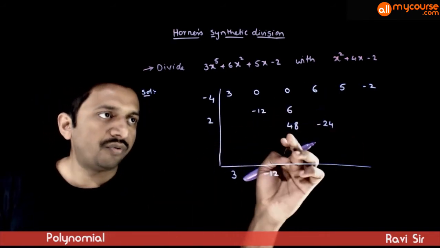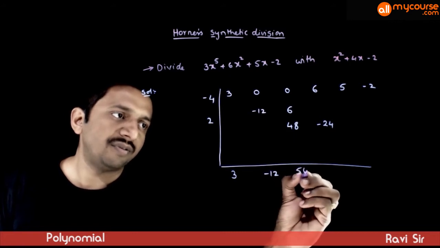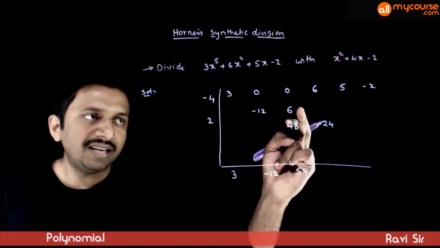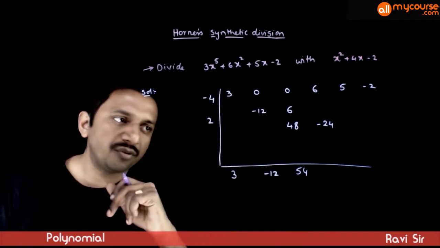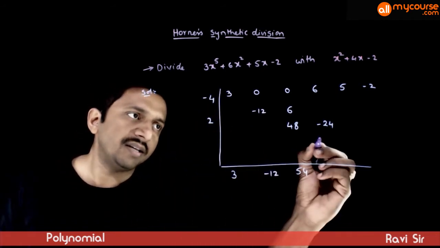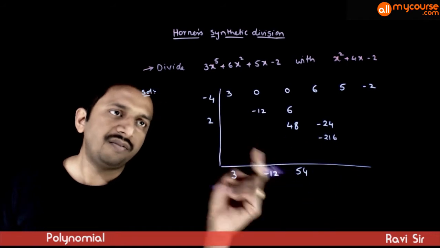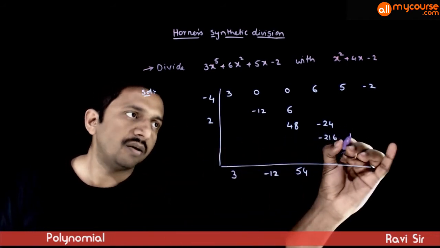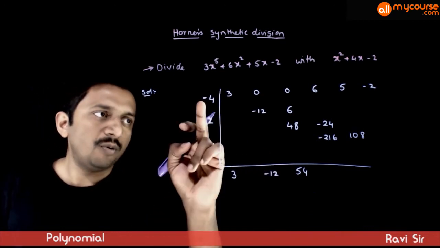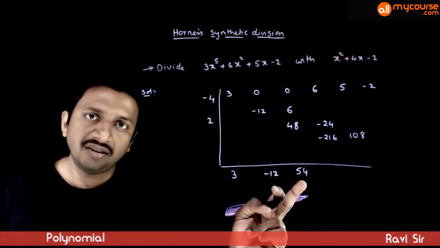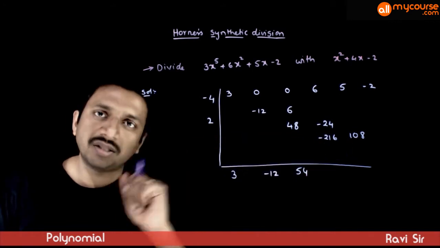If you add these two, 48 plus 6 is 54. Now 54 into minus 4 is minus 216. 54 into 2 is 108.